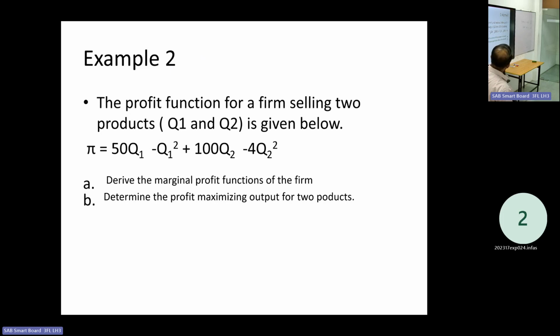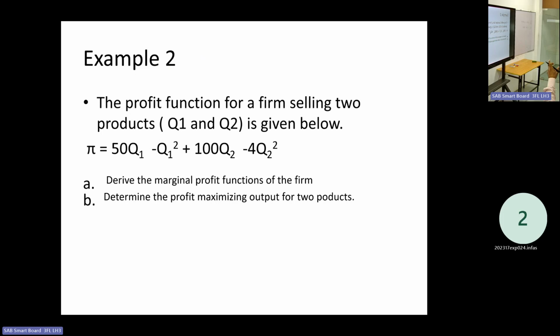The profit function is expressed in Q1 and Q2. That means this firm produces two products, not a single product. So the total profit function is given with reference to two products, Q1 and Q2. Q1 is product 1, Q2 is product 2.